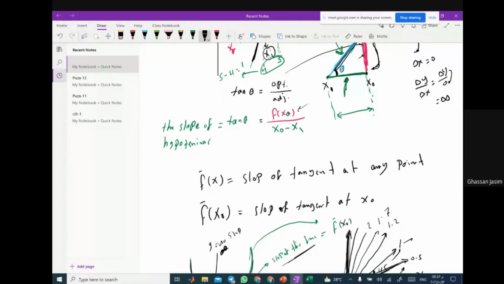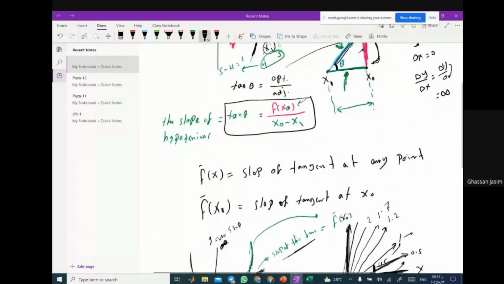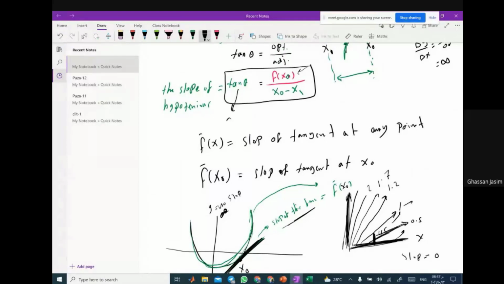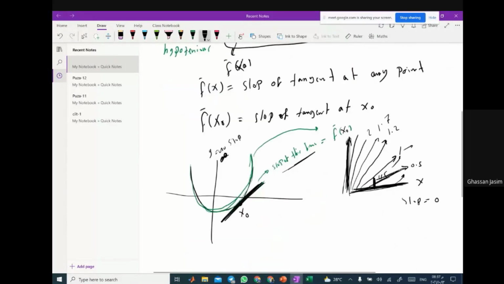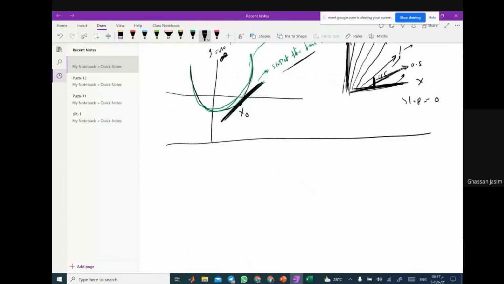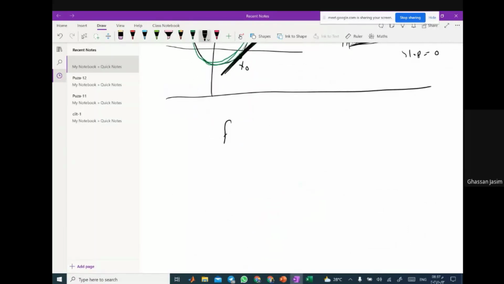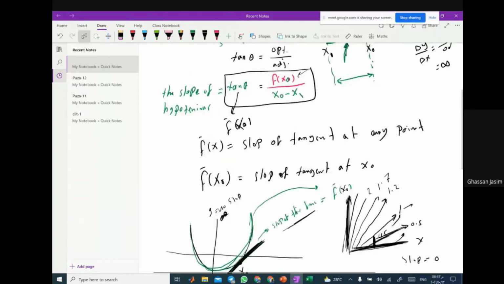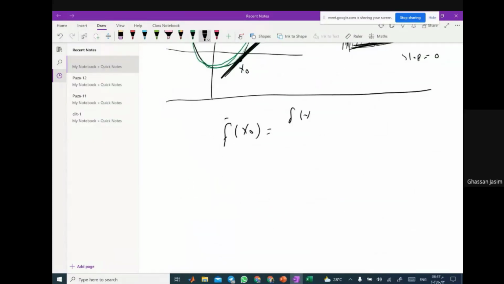Now, from the slope equation, finally I will change this to f dash x naught. This will be the slope. Now, the final equation will be f dash x naught equals f of x naught over x1 minus x naught.